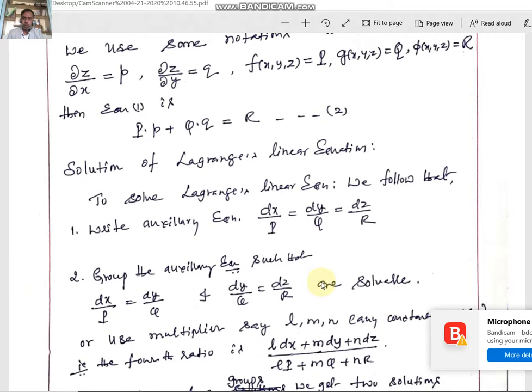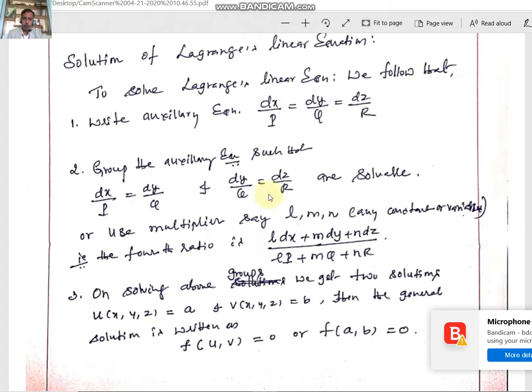So the important observation here is that you have to write the auxiliary equations or ratios and then use the grouping method, or you can choose multipliers and then find the solution. You can also combine them. If for one solution one group is selected, for another solution we can choose l, m, n or any other variable terms as the multipliers and write the fourth ratio and then solve it.